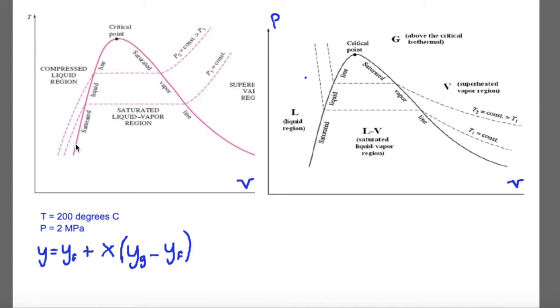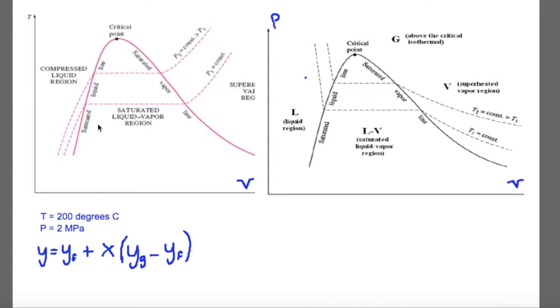Pretty much what that means is we are still in the liquid phase, but any additional heat or any additional specific volume increase will result in vapor forming, which gets us in this very specific region, which is called the saturated liquid vapor region.